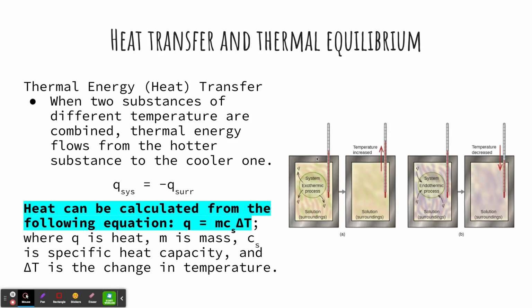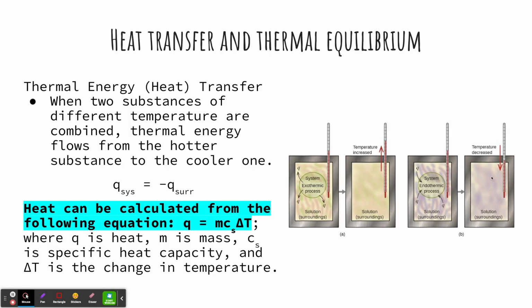Okay, so in this case, guys, our system was hotter than the surroundings, so the heat flowed out into the surroundings. So that's why the temperature increased in the surroundings, because that's where the thermometer was. Meanwhile, in this one, the system was cooler than the surroundings, so the heat flowed into the system, which is why we measure that the heat decreased.